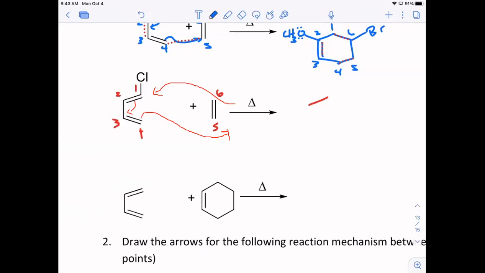Okay, so it goes like this. That looks kind of janky. Okay, we'll take it.